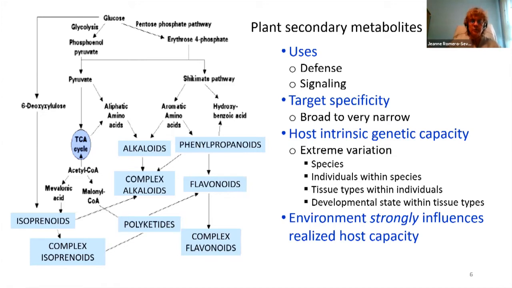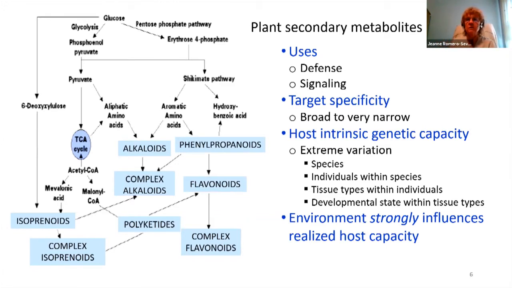Now, the target specificity of some of these secondary metabolites can be very broad. There are some that a plant will synthesize in response to any stress whatsoever. And those aren't really helpful to us when we're trying to incorporate resistance to a specific disease. What we want is those metabolites that are very, very narrow.